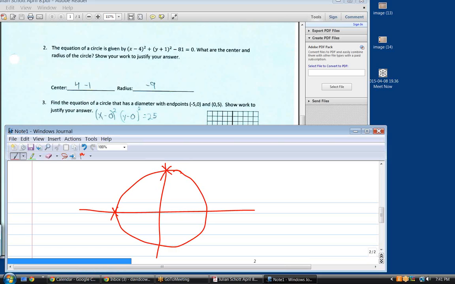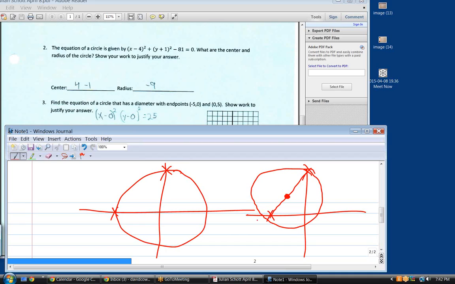Here's one point of the diameter, there's another point of the diameter, and the circle has to go about that diameter. So that's not a circle at the origin. This isn't going to work, because a 0 and 0 would indicate that the center is at the origin. Well, we can see that the center is there.